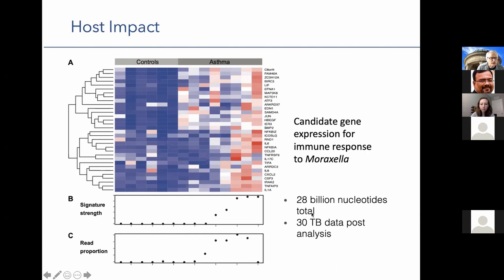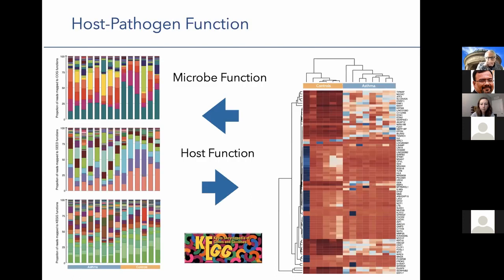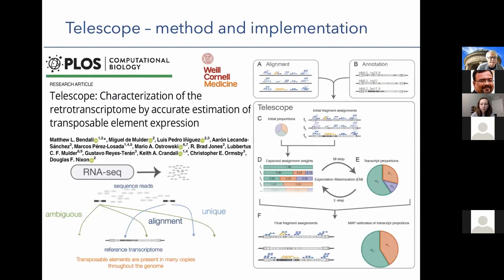So we regularly struggle with our IT people to help them realize that we actually need space to do these things. But the beauty of this kind of analysis is that you can really start getting at host functions, and real microbial functions, because you do have RNA-seq data. So you can relate what's going on with the microbes to what's going on with the host, and have much more in-depth insights.